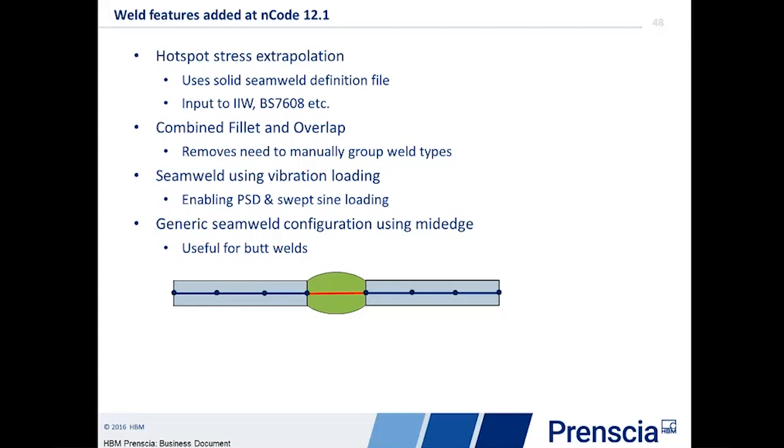And the reason for that is the generic weld actually is very advantageous for doing things like butt welds, where I have here a butt weld between two components, and really what I want to do is look at every toe. And so the generic is ideal for doing that. And so we've enhanced the generic configuration to allow us to do this.